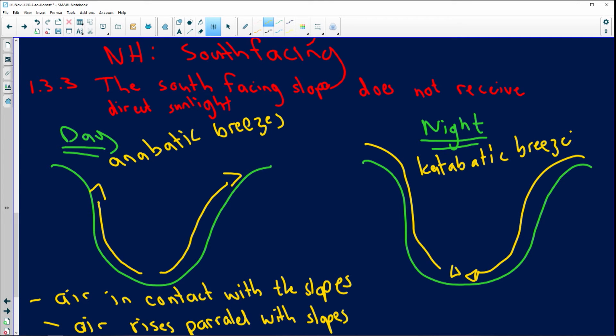Okay, same principle will happen over here. The air comes into contact with the slopes, it cools down, it's cooler temperatures, the air sinks to the bottom of the slope. Okay, now vitally important during winter, in these valley situations, we experience an inversion.